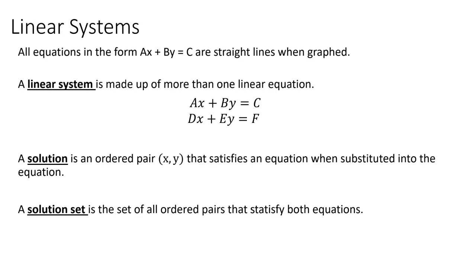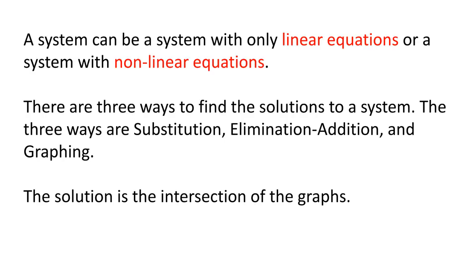Later, we're going to talk about a nonlinear system, and those can be a linear equation, quadratic equation, exponential, as long as it has two or more equations. Now, a solution is an ordered pair that satisfies an equation when you substitute it into the equation, and we're going to look at some examples here in a little bit. And then a solution set is a set of all ordered pairs that will satisfy both equations. We'll look at these two definitions in more detail in a second.